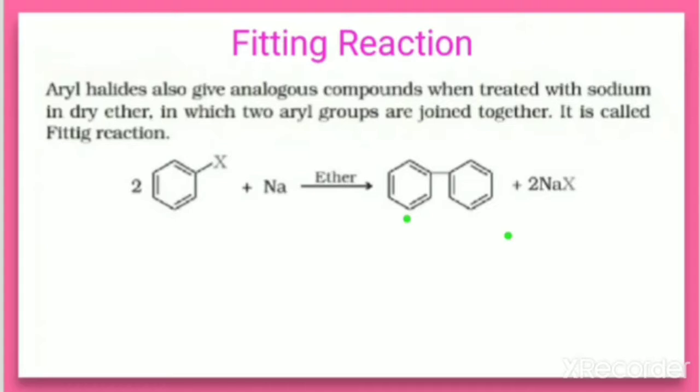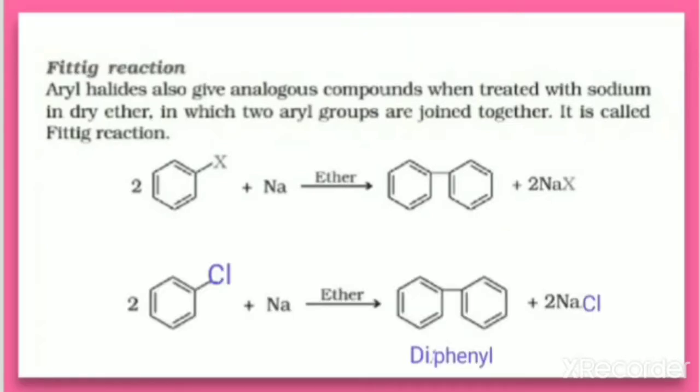Let us take one particular example by keeping the X as one of the halogen atoms. So we get this equation in this way. In this reaction, we have taken X as a chloro group. The same reaction is taking place, and there is a removal of twice NaCl. The product formed here is called diphenyl.